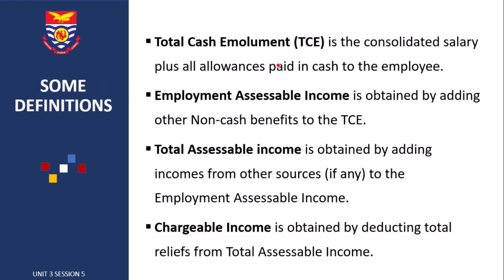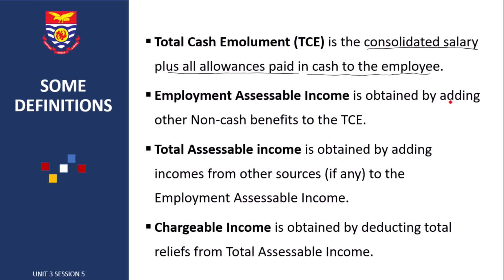Let us look at some definitions. Total cash emolument is the consolidated salary plus all allowances paid in cash to the employee. Then we have employment accessible income.